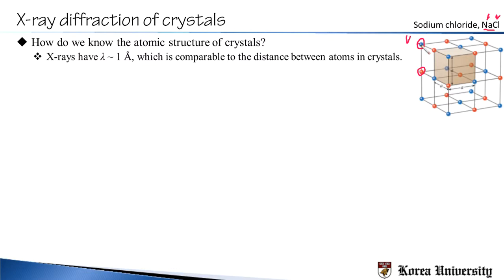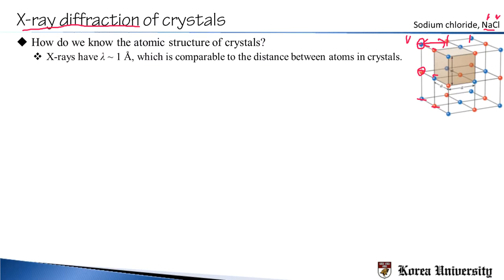As you can see, they are positioned periodically, exactly at the same distance. And now we know the exact value of the distance between them. How do we know? The reason is that we can do an X-ray diffraction experiment. Why X-ray?